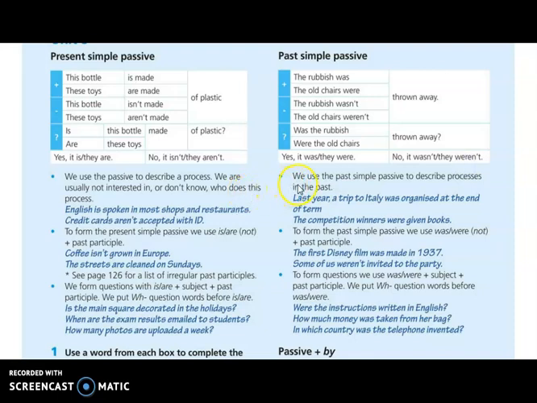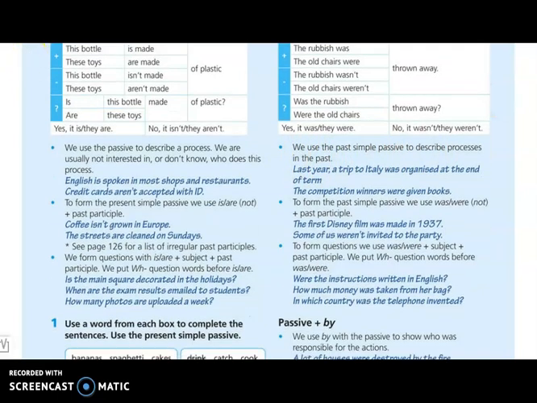The first point is we use the past simple passive to describe processes in the past. So we use the past simple passive when we don't know or are not interested in who did the process or this activity or who was responsible for this action.